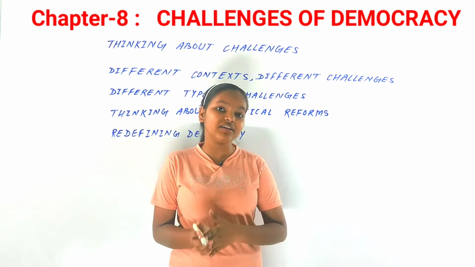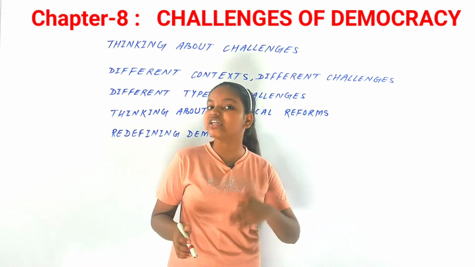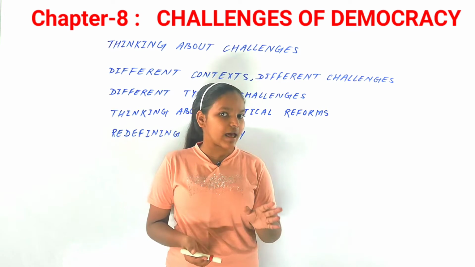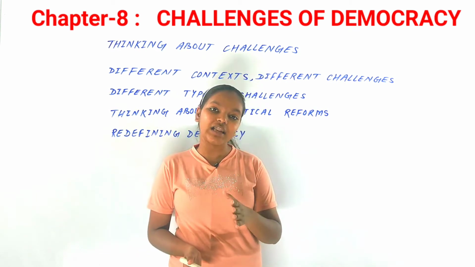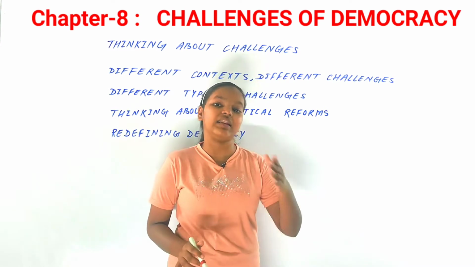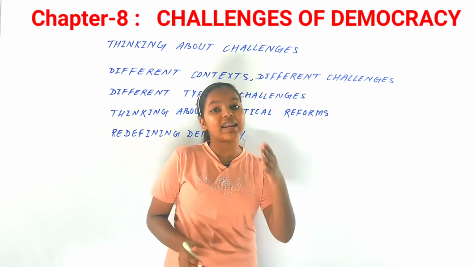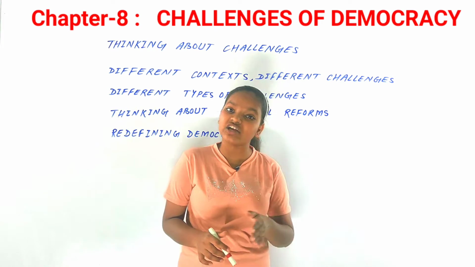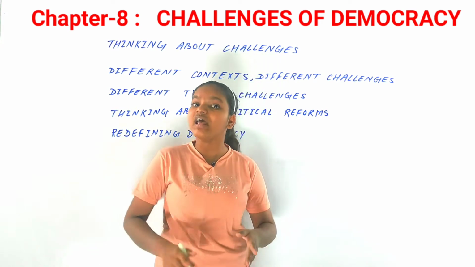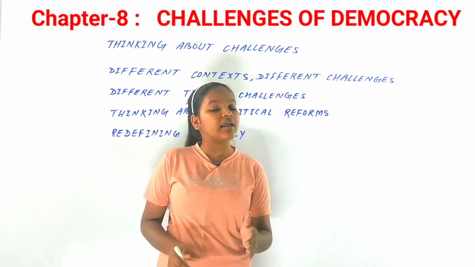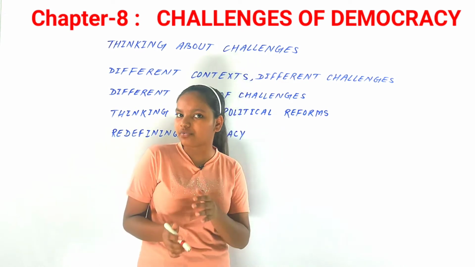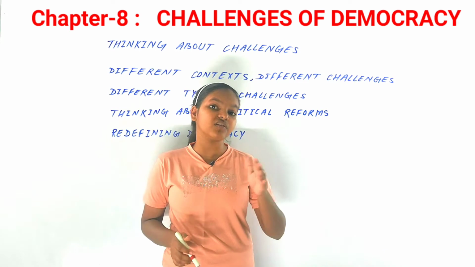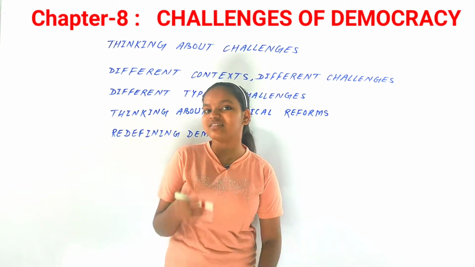In this chapter there aren't answers to these questions, but there are suggestions about the challenges faced by democracy in India and elsewhere, and after that you can make your own suggestions for reforms in our country and elsewhere as well, and about a good definition of a good democracy that we'll study in this chapter. Without any further ado, let's get started.